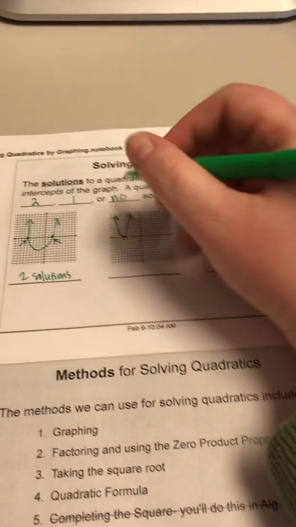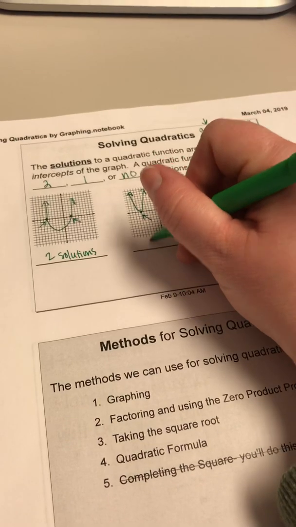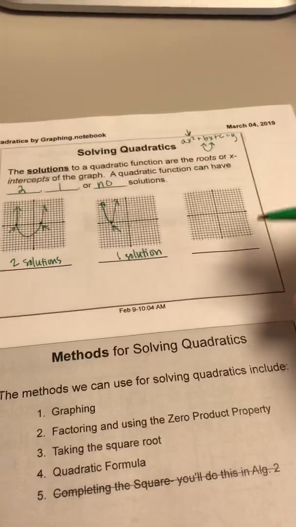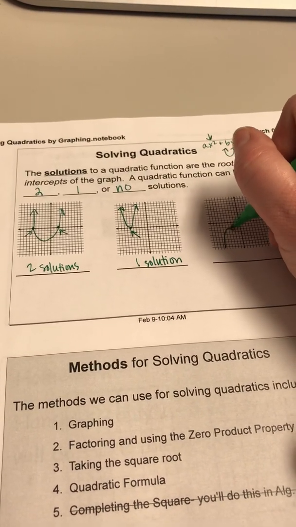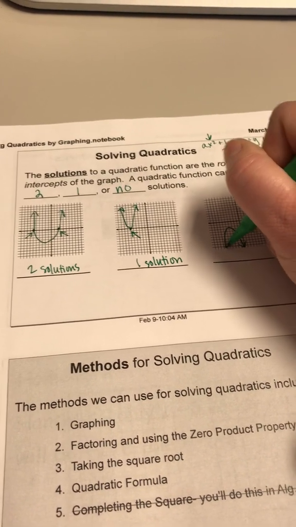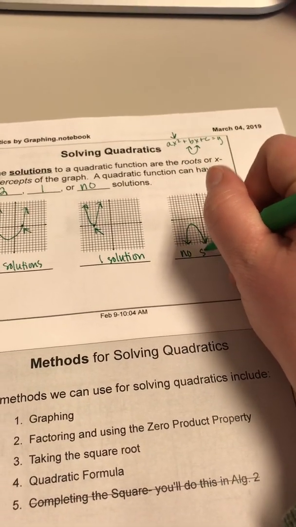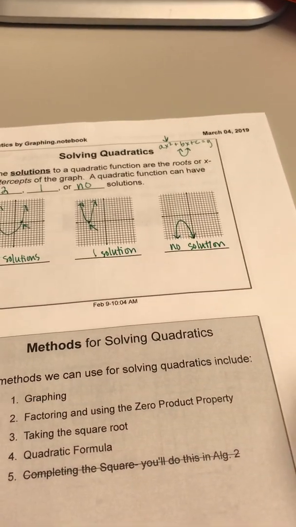So for this parabola, we've got one solution right there. And if it has no solutions, then it's not even ever going to touch the x-axis. So it might be something like that, and that has no solution.